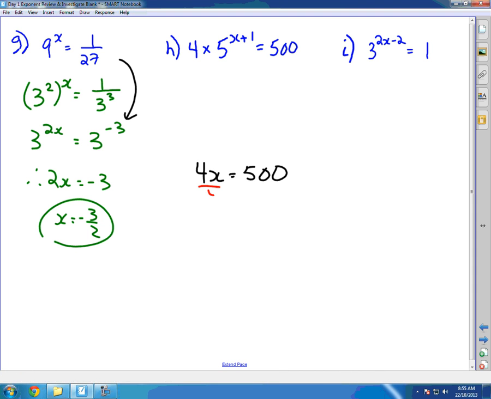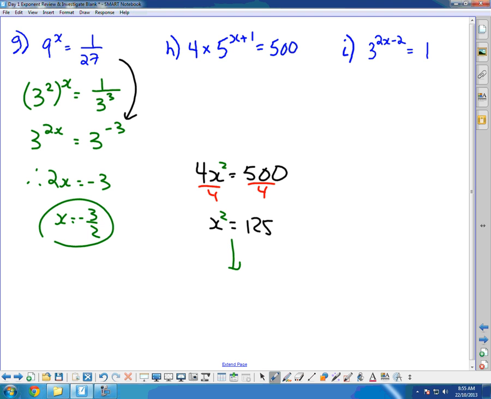So I would just divide by 4, and I would get x equals, what is that, 125. Okay? You think the rules would change if the question was this? 4x squared. What would your first step be? No, your first step. Still get rid of the 4, right? You'd be left with x squared. Then you would go further.